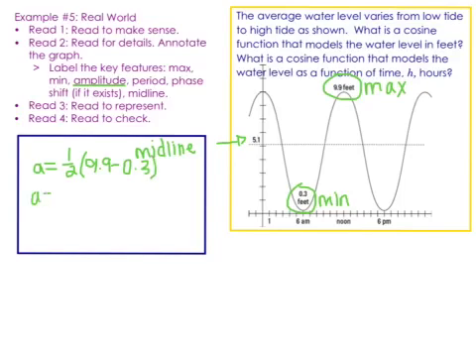So A is equal to 1/2 of 9.9 minus 0.3, which is 9.6. And so then we take half of that. A is equal to 4.8. So our amplitude is 4.8.